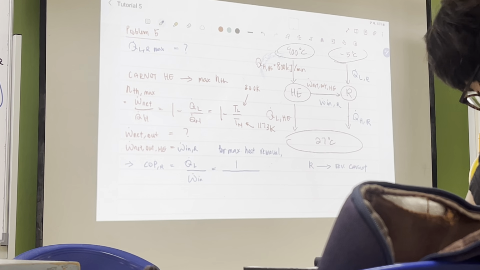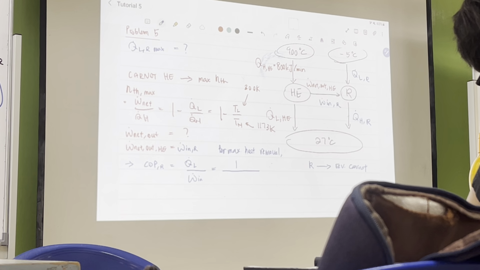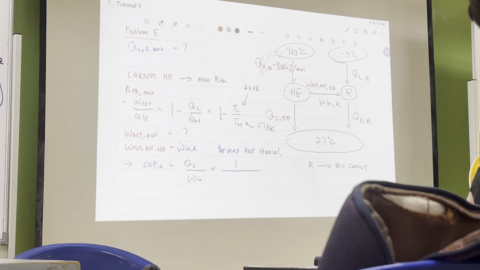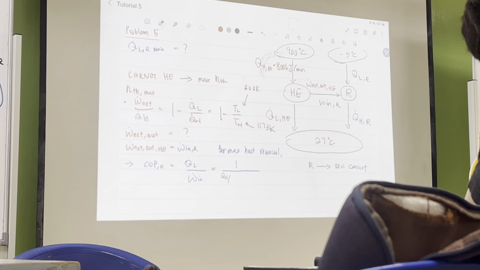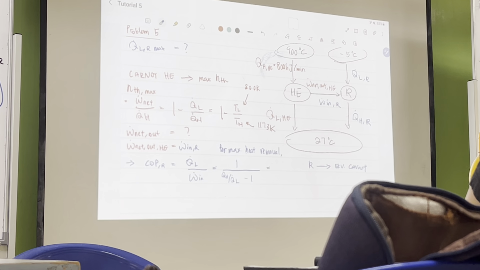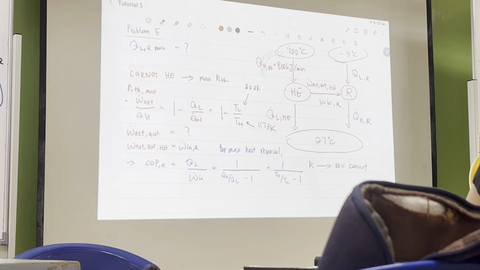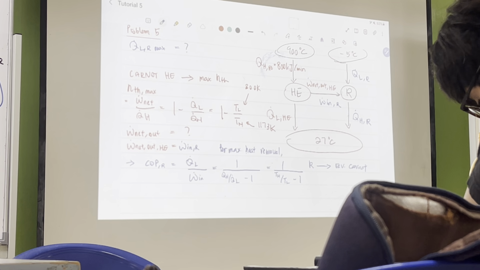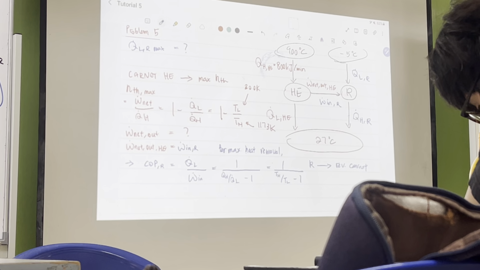We know that this equation, so there is a version here which I forgot what the equation is. QH over Q... And we do the same thing, TH over TL minus 1. So again, this time you need to be careful.